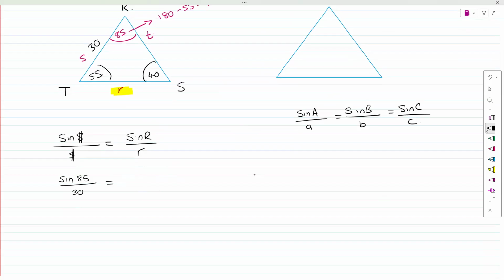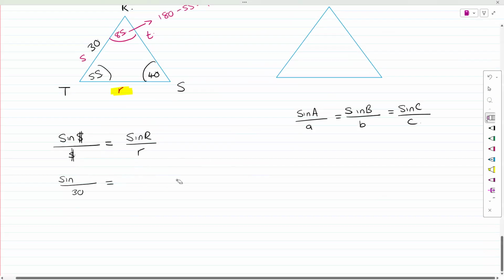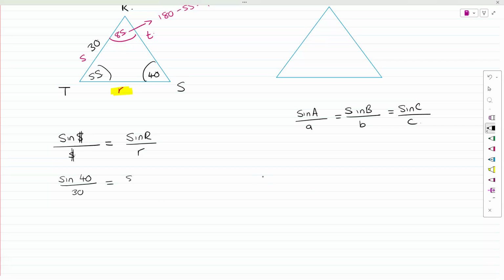And this equals sine of 40 actually, sine of 40 over 30. Please double check everything in case you make mistakes.